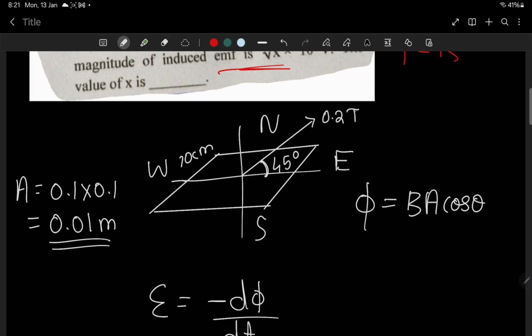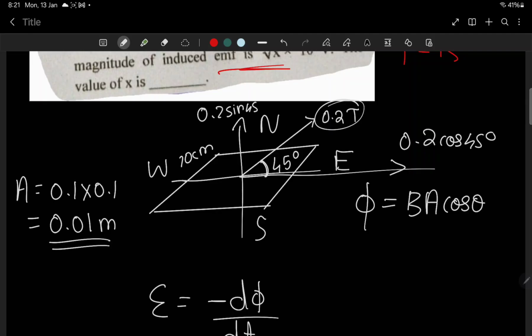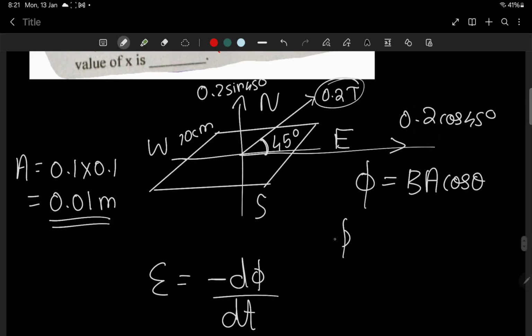Now I am taking the x component, that is 0.2 cos 45 degree, and sine component 0.2 sine 45 degree. Phi is equal to BA cos theta, that is 0.2 into cos 45 into area, that is 0.01.